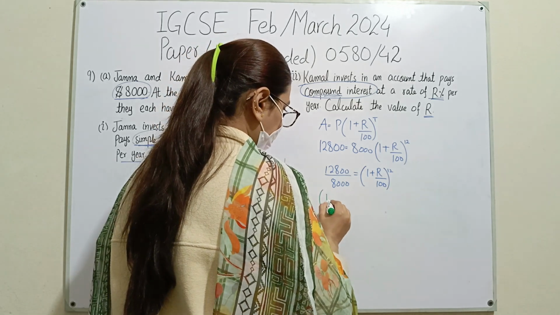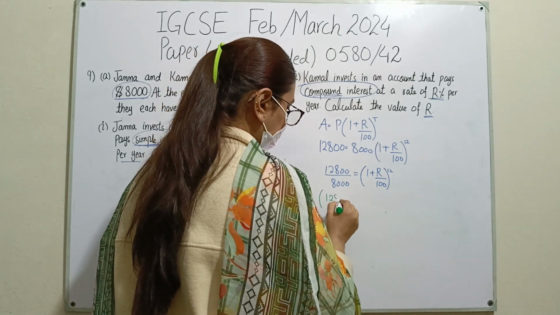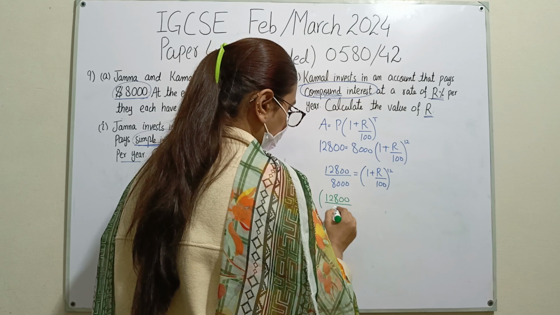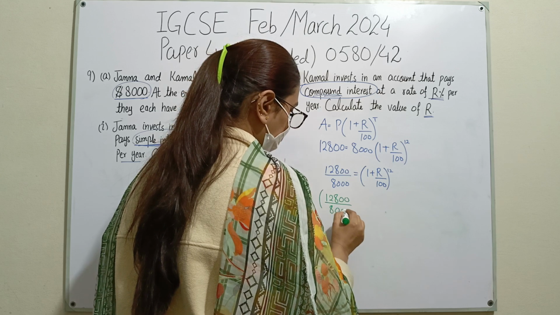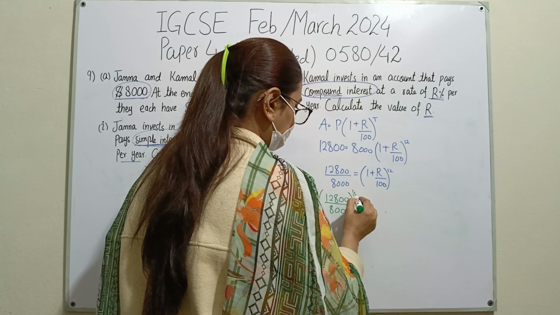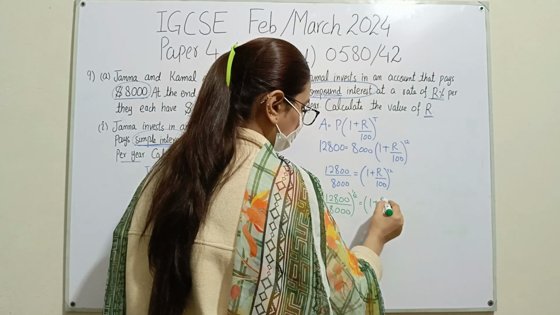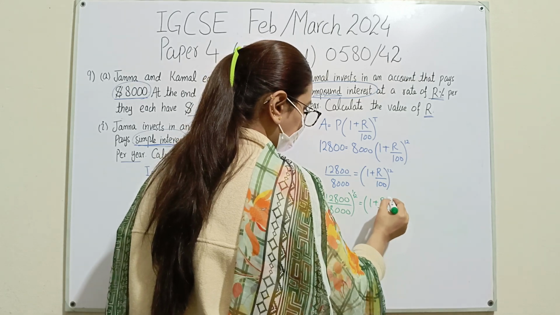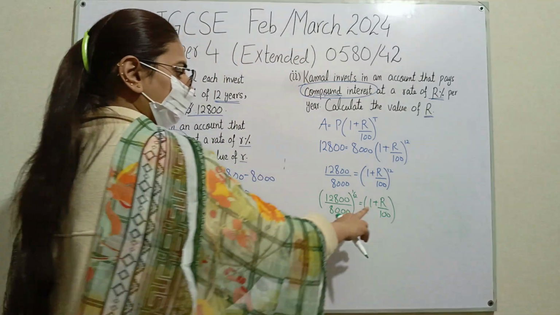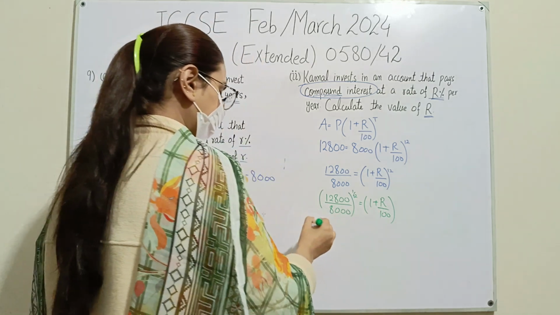So take the 12th root of 12800 by 8000, power 1 by 12, so this 12 will be cancelled, leaving 1 plus R over 100. You have to calculate the value of R, so simplify them.